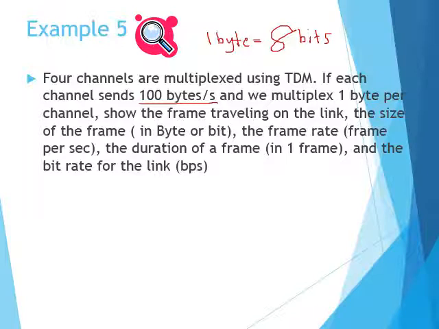So 100 bytes equals 100 times 8 bits, so 800 bits per second. And we multiplex 1 byte per channel.